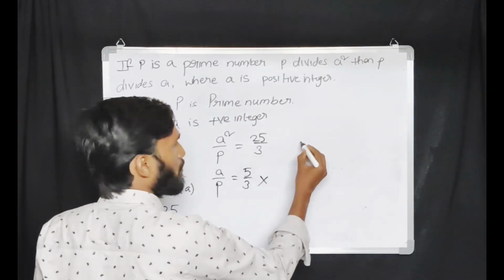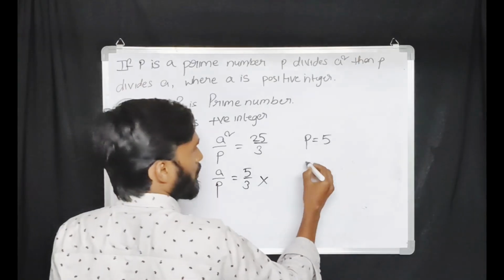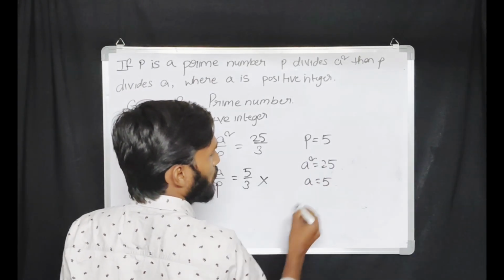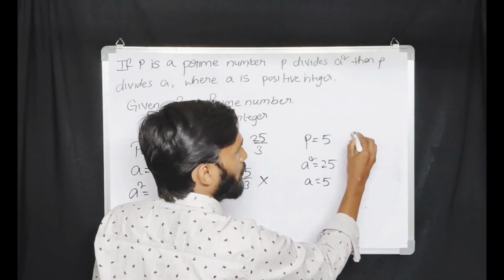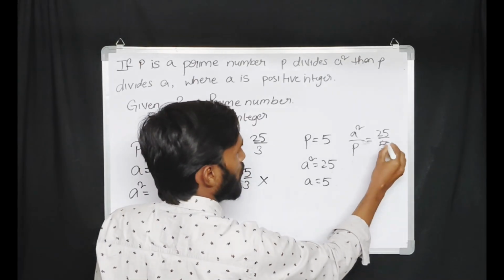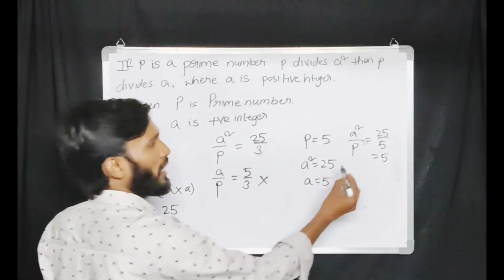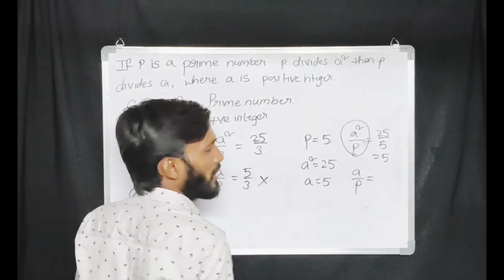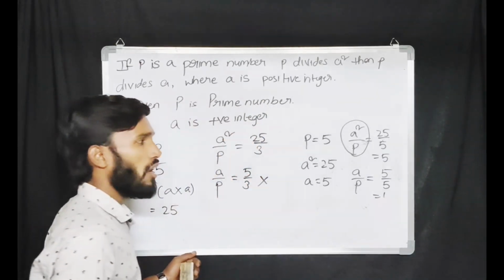Now take another prime number. P is equal to 5 and what is A square? A square is 25, A is 5. Now P divides A square, 25 by 5. How many times? 5 times. That means when P divides A square, then P should divide A. A is 5. How many times? 1 time.